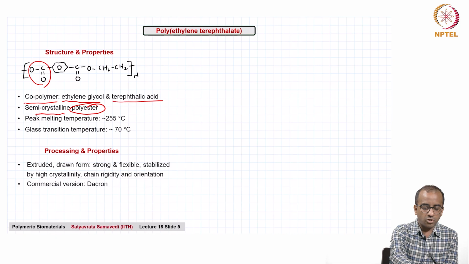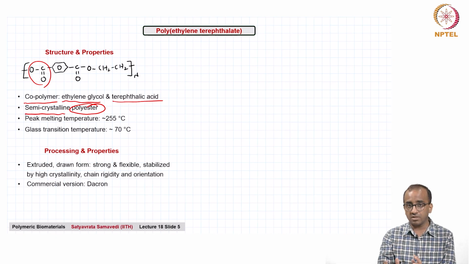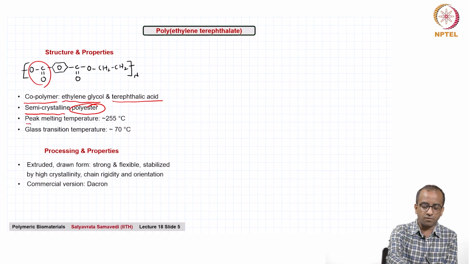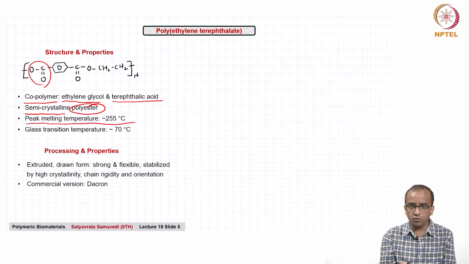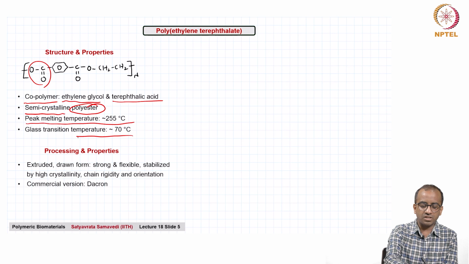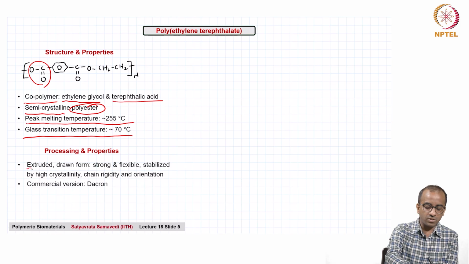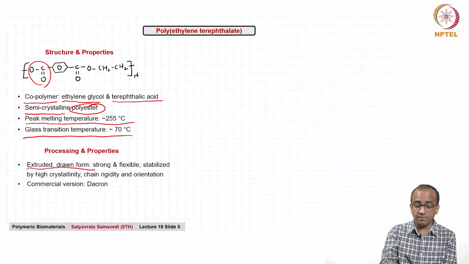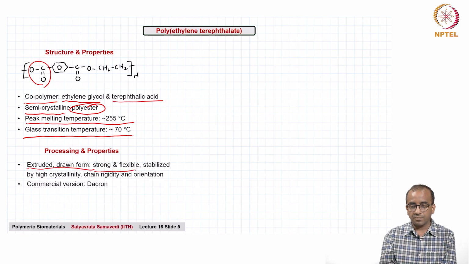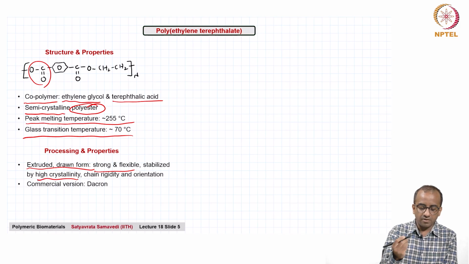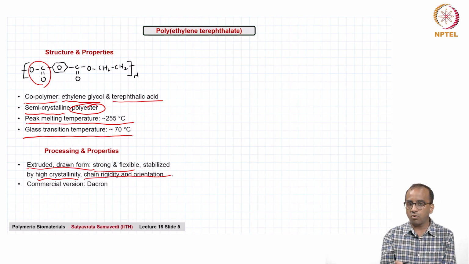It is a semi-crystalline polymer, which means it is going to exhibit both a Tg and a Tm. So, you will have a peak melting temperature of around 250 plus and a glass transition temperature around 70 degrees. And what is important to note here is that typically when it is used in applications, it is extruded and drawn, which makes it very strong and flexible, being stabilized by the high crystallinity, chain rigidity and orientation.